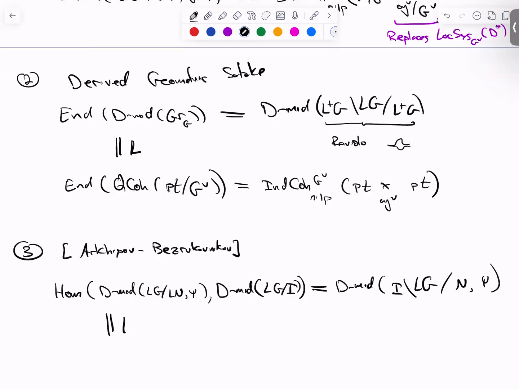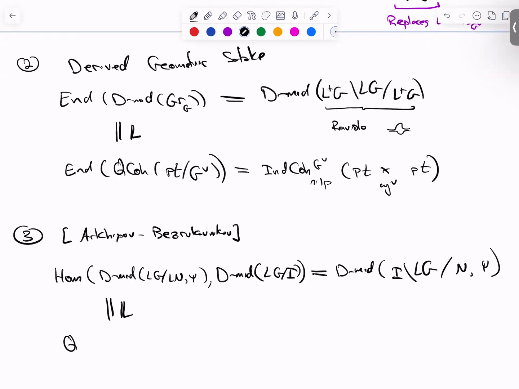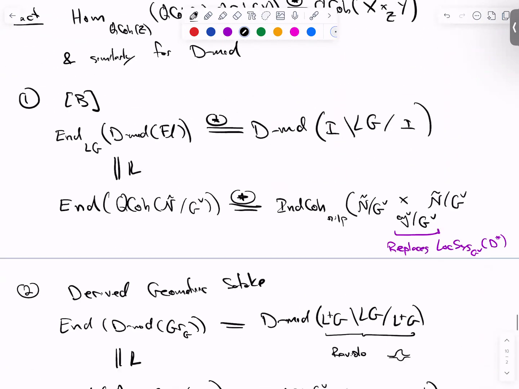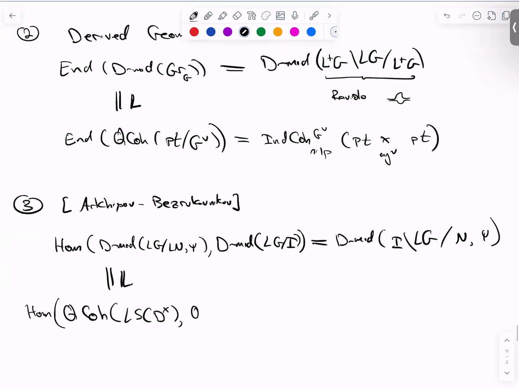On the Langlands dual side, it will be quasi-coherent sheaves of local systems on the disk, quasi-coherent of LG, n tilde mod G check.